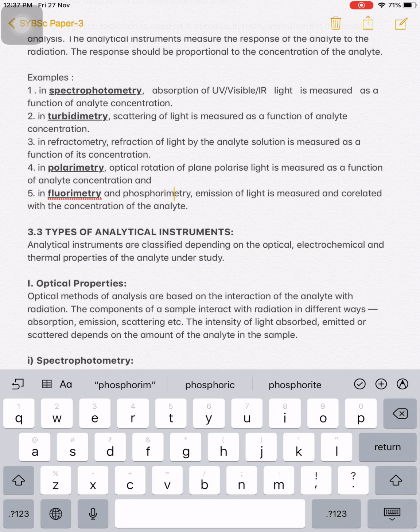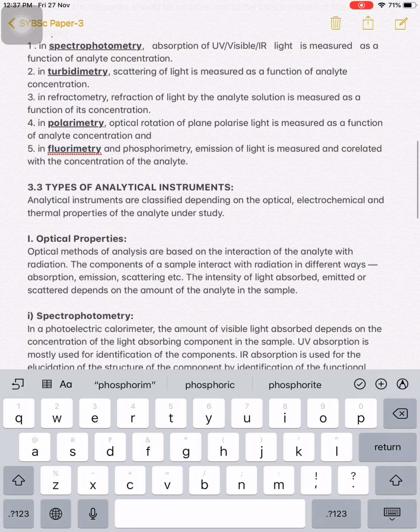phosphorimetry. So in spectrophotometry, how much light is absorbed is correlated with the concentration. In turbidimetry, the scattering of light is correlated with the concentration. In refractometry, refraction of light is correlated here. In polarimetry, how much rotation of the plane polarized light takes place in the instrument is measured and correlated with the concentration.